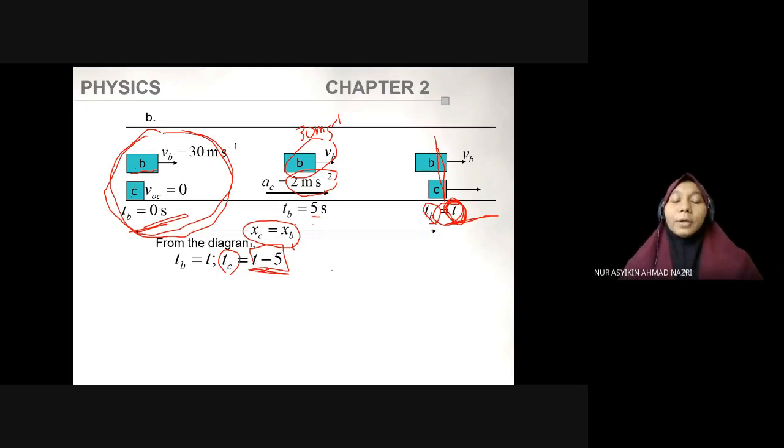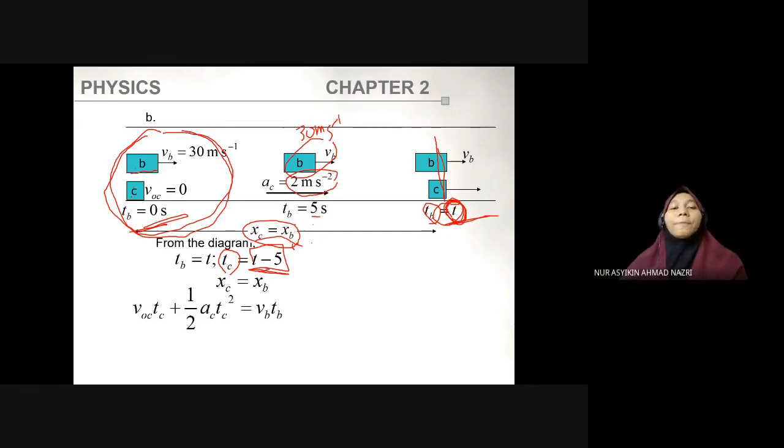Alright. Now, for us to find the displacement, we equate the two expressions, satu XC, satu XB. We get only this one because for the bus there is no acceleration. They move steadily.